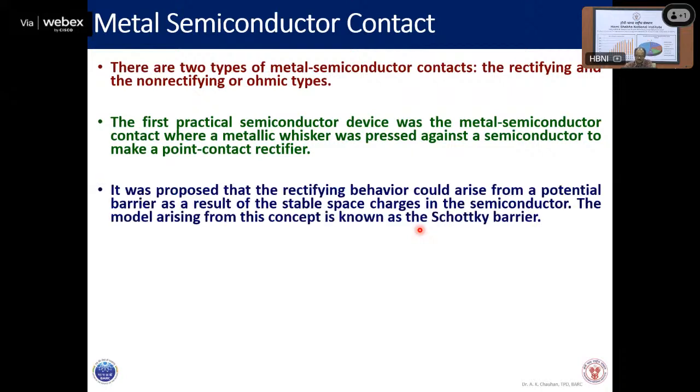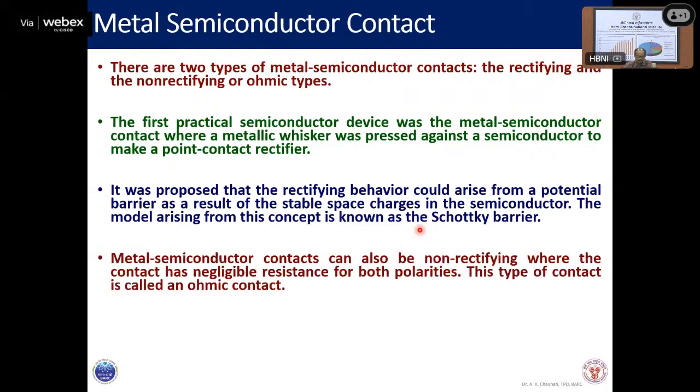It was proposed that the rectifier behavior could arise from the potential barrier as a result of the stable space charge in the semiconductor. The model arising from this concept is known as the Schottky barrier. A metal semiconductor contact can also be non-rectifying, where the contact has negligible resistance for both polarities. This type of contact is called an ohmic contact.